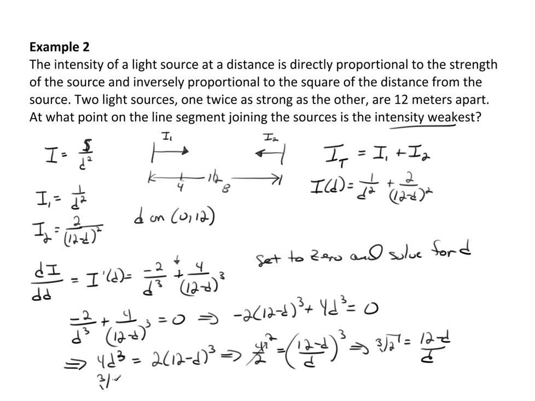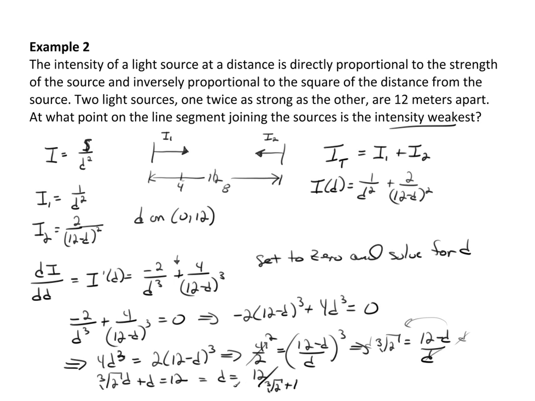I'll get the cube root of 2 times d plus d equals 12. I move this d over and multiply by d to cancel here. Now if I factor out this d, I will get d equals 12 divided by the cube root of 2 plus 1.